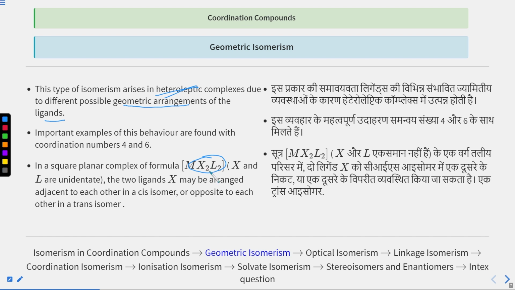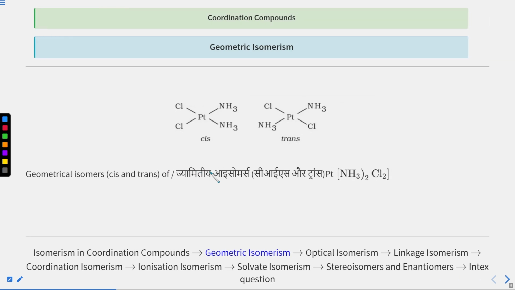Now two structures are possible. In the first structure, both of the X are on the same side and both of the L are on the same side. Okay. Whereas in the second case, both X are on the opposite side and both L are on the opposite side. So we'll see the actual structure. So this is the one. Suppose this is our X, and now L we have taken as NH3.